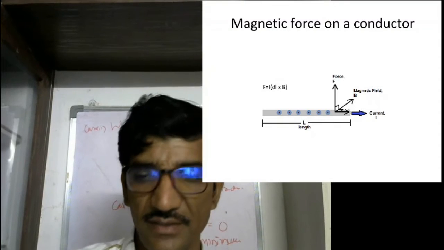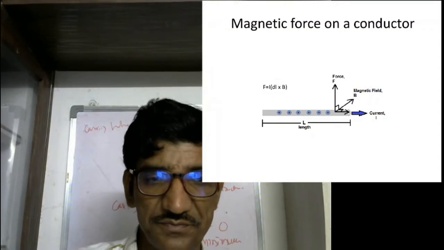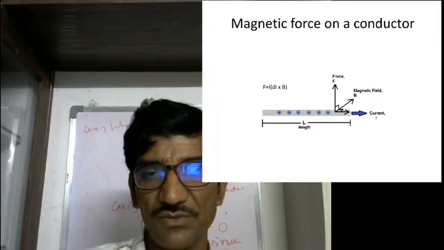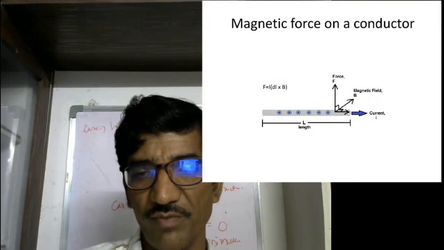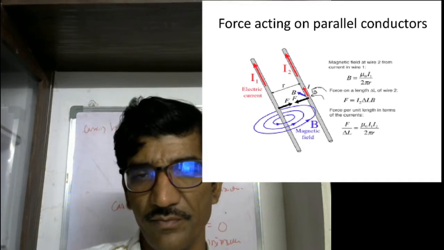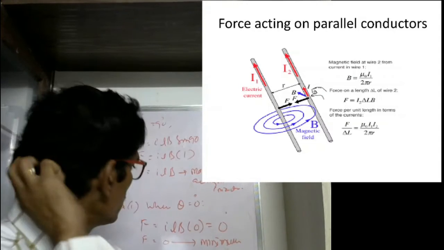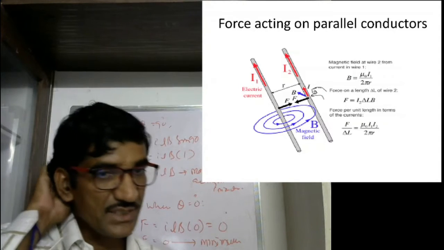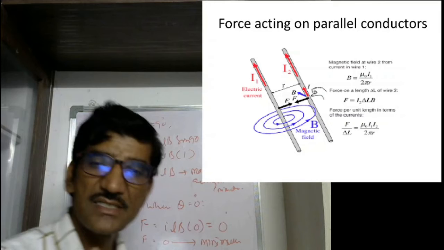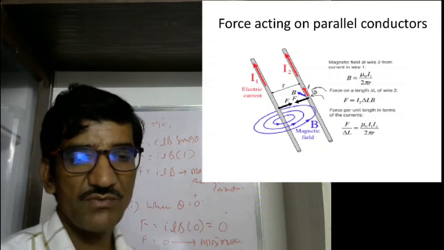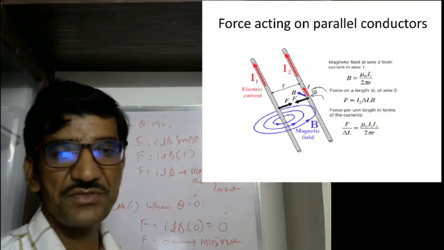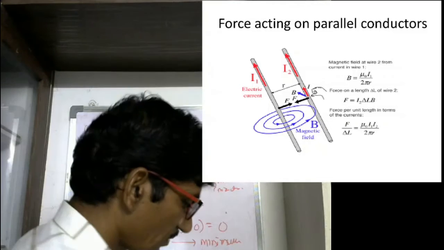Okay. Next, let us go for the other topic. Now we are placing two conductors. That means we are placing one conductor in the induced field of the other conductor. Then what happens?